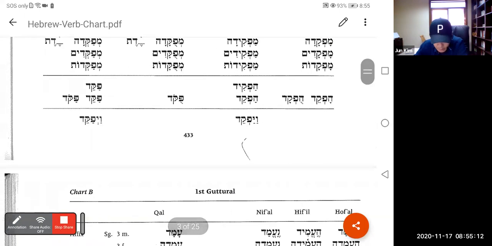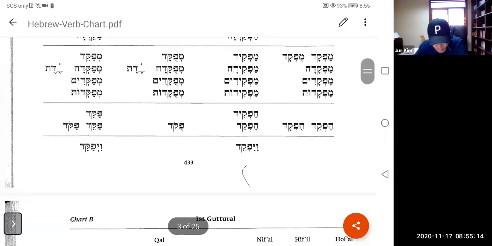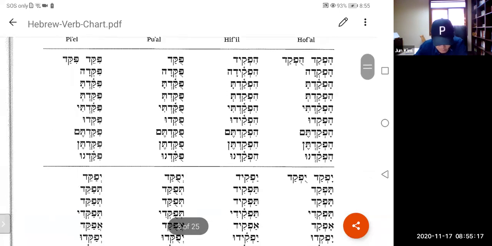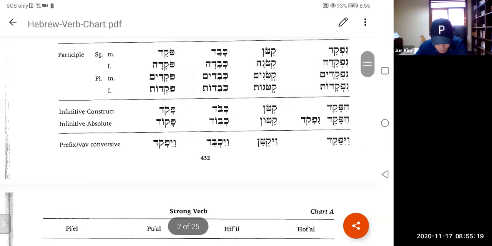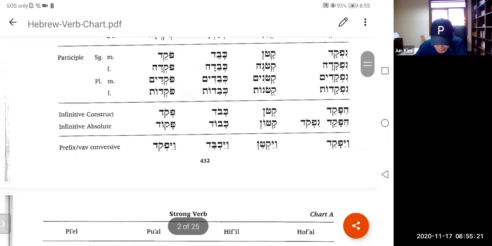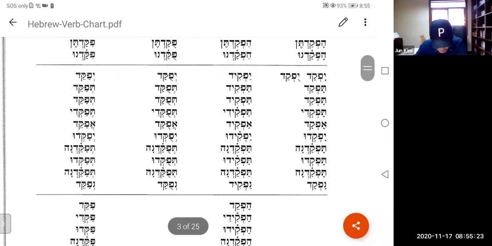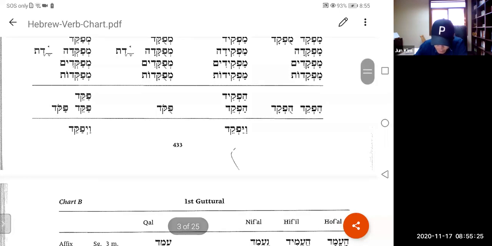And then we have the infinitive construct and absolute. Okay, so we have ha and hu. It still appears as ha and hu.